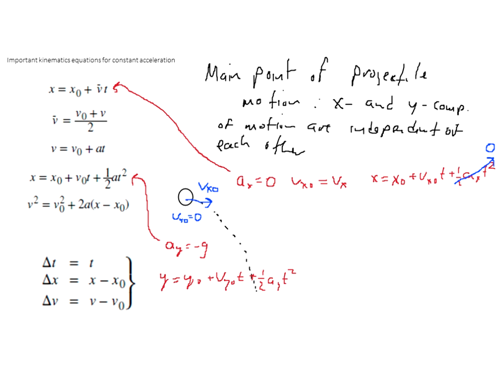So we use the same equation in both directions. The same equation describes the position change in both directions. It's just that in the x direction, the acceleration term goes to 0. So this equation and this equation are the same if acceleration is equal to 0.